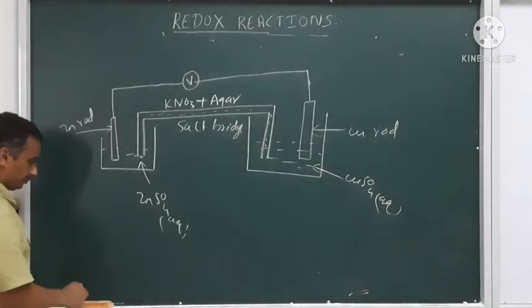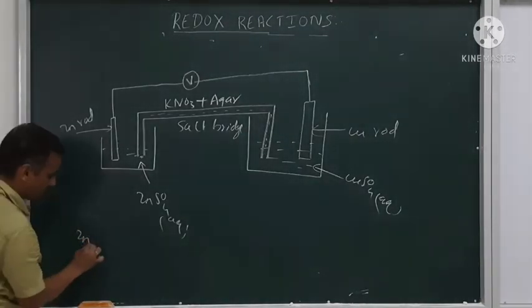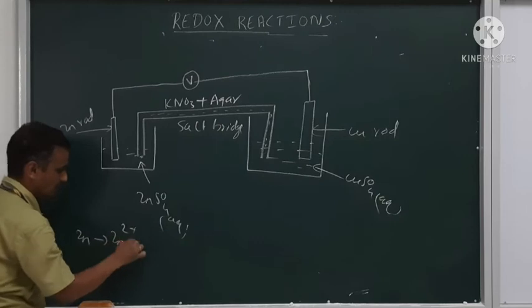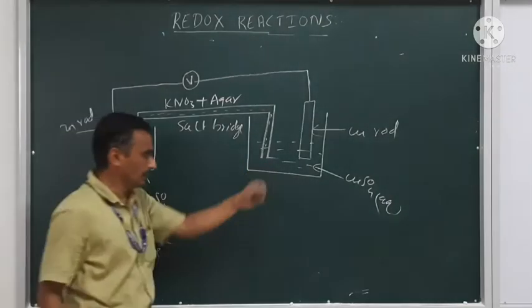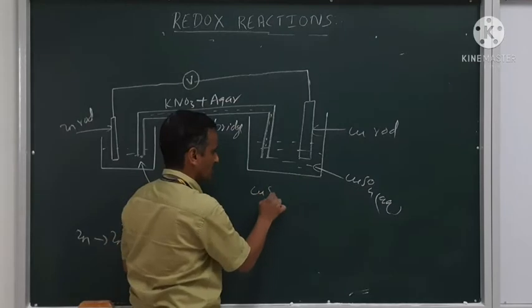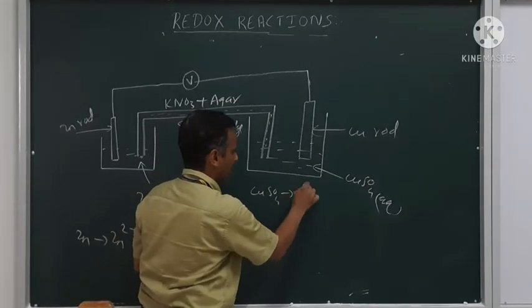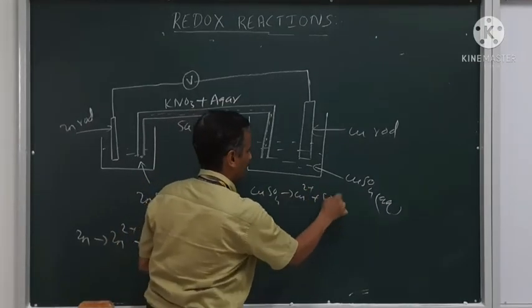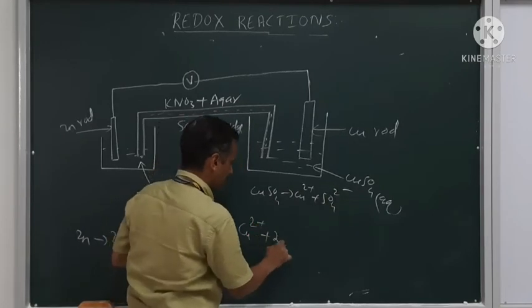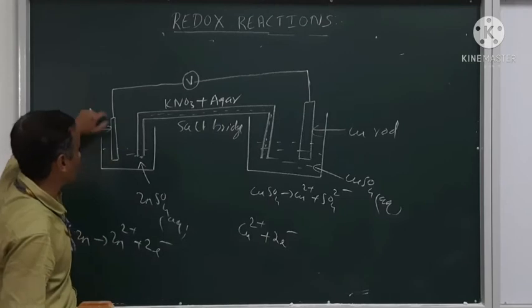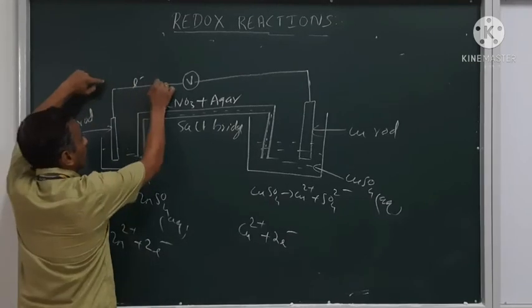Now you see, zinc is undergoing the oxidation to give Zn2+ and 2 electrons. Here, copper sulfate gives Cu2+ and SO4 2-, and the Cu2+ takes up the electrons given by the zinc which come through this copper wire.